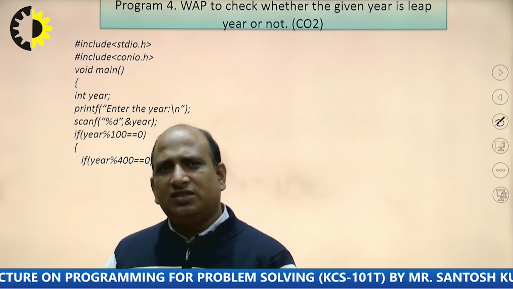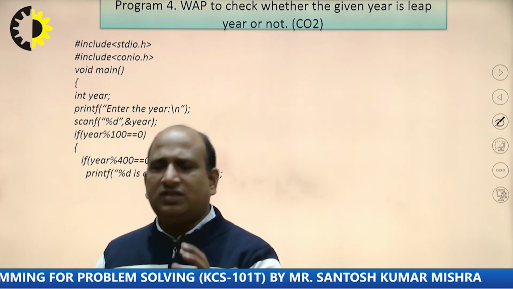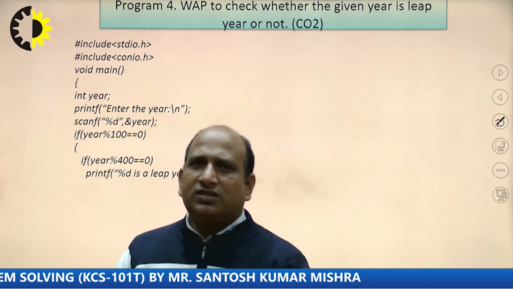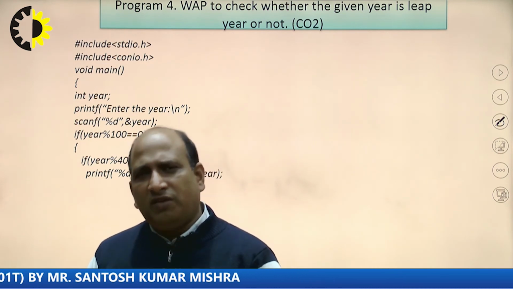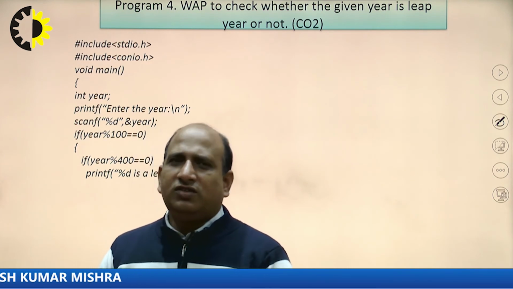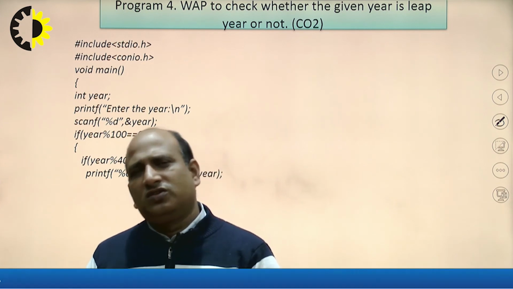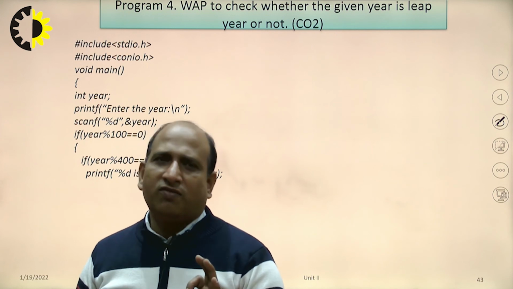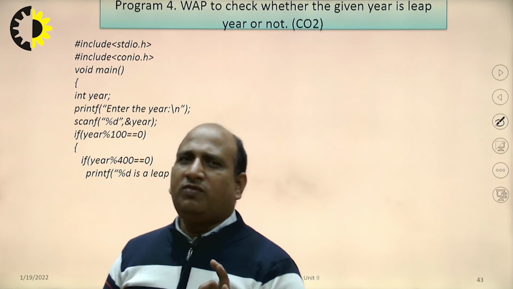If it is a century year, then I check whether it is divisible by 400, because a century year is a leap year only when it is divisible by 400. If it is not a century year, then if it is divisible by 4 it is a leap year, and if not divisible by 4 it is not a leap year. Means for a century year the test condition of 400 has to be checked, and for a non-century year divisibility by 4 is sufficient.